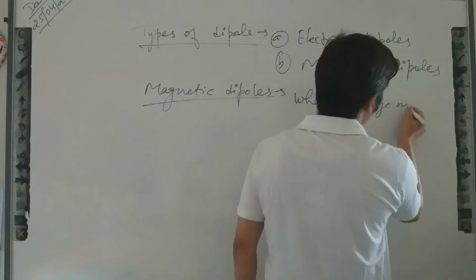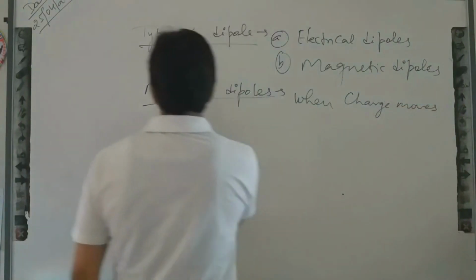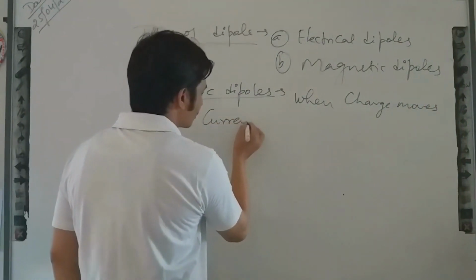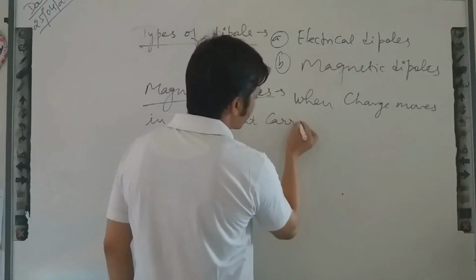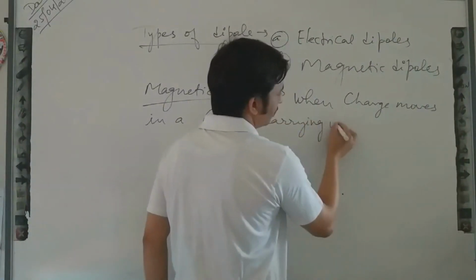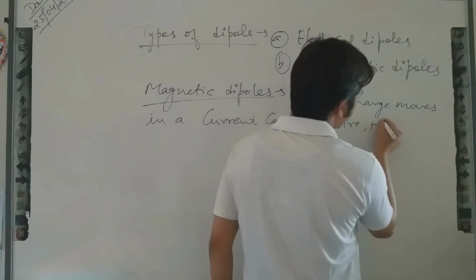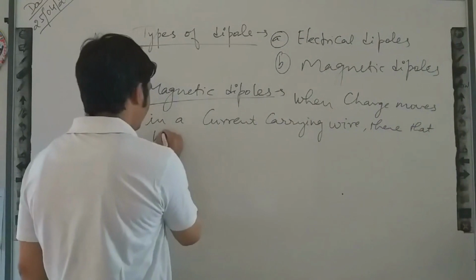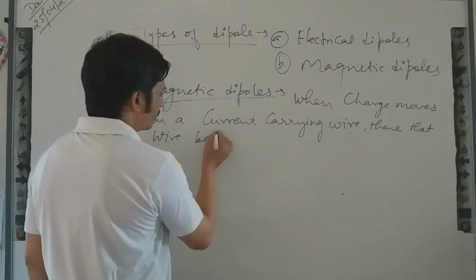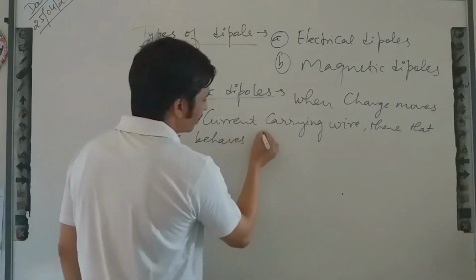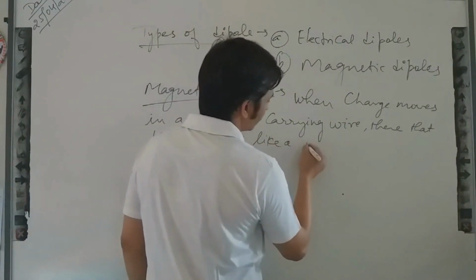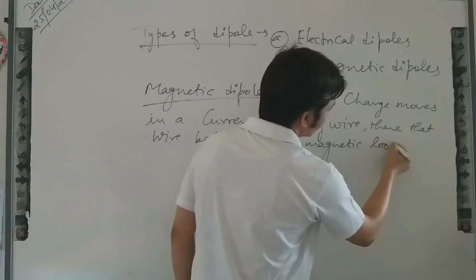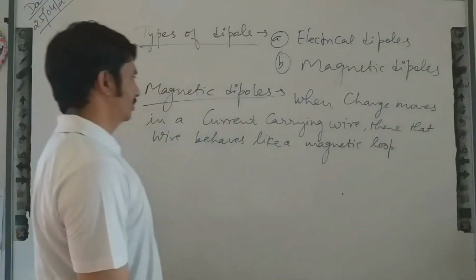When charge moves in a current carrying wire, then that wire behaves like a magnetic dipole.